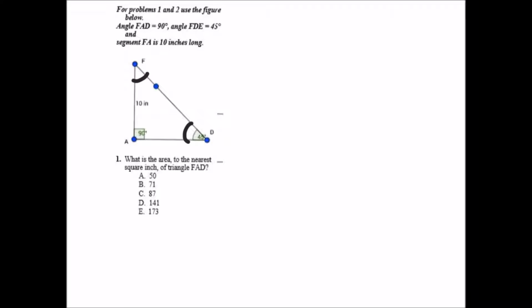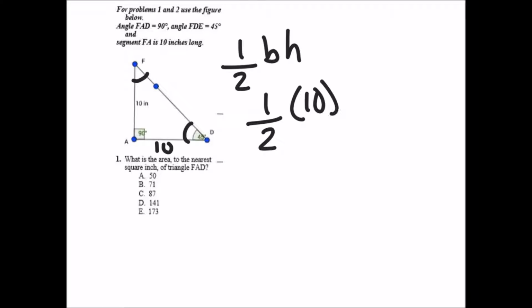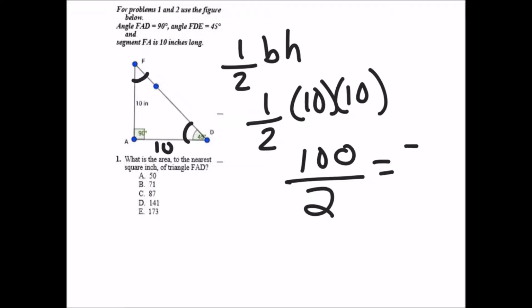So if this is 10 inches, then this is 10 inches, so we can use the equation 1/2 the base times the height, and the base is 10 and the height is 10, so 1/2 times 10 times 10, that's 100 divided by 2 is 50. So the area to the nearest square inch of triangle FAD is 50. The answer is A.